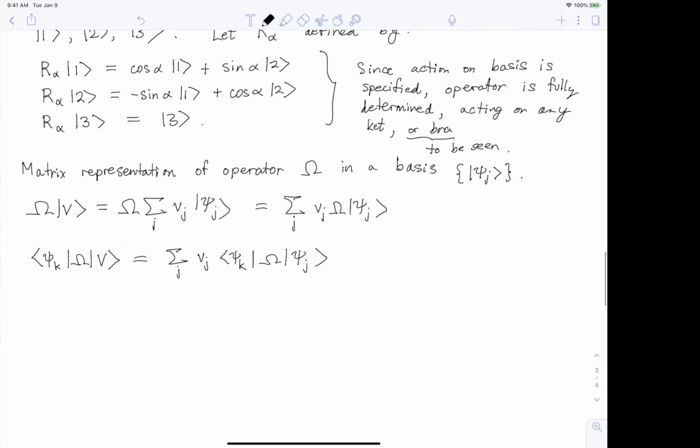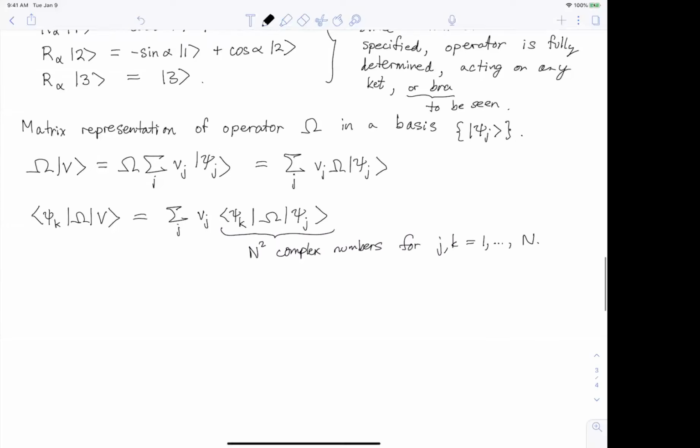Okay, so what I've done is I've written everything there is to know about how omega acts on v in terms of the components v sub j and then these numbers. These numbers are n squared, because j runs from 1 to n and k runs from 1 to n, complex numbers, for j and k independently being from 1 to n.